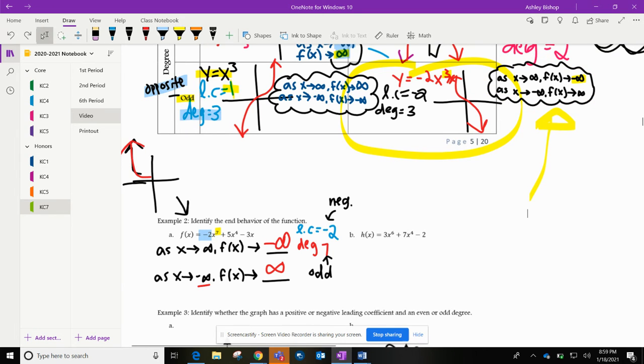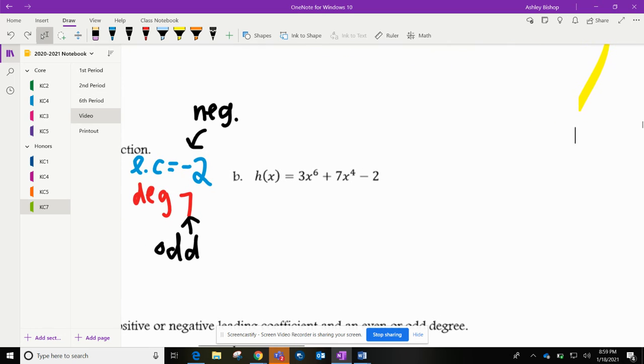Now let's do this example. It's in the correct order. So I'm going to have a leading coefficient, LC, equals 3. My degree is 6. Well, what do I know about that?